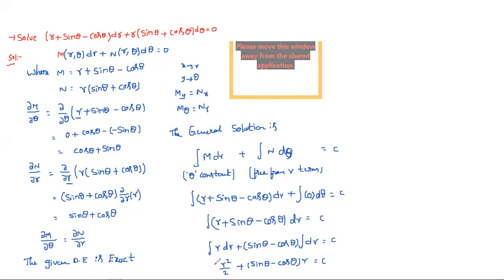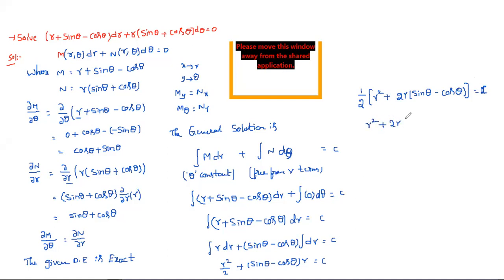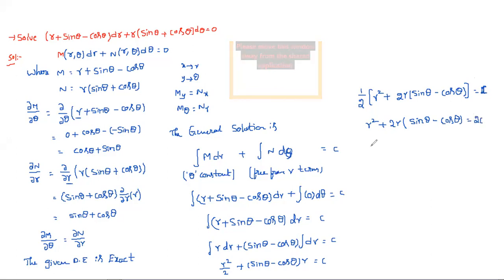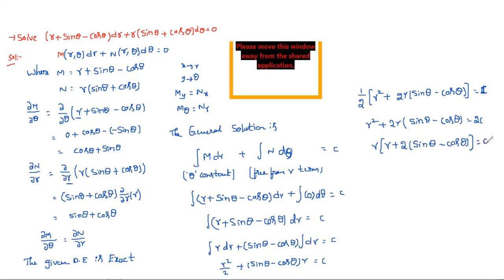Then if you take the LCM, 2 is the LCM, and what remains is r square plus 2r into sine theta minus cos theta is equal to 2c. Taking the 1 by 2 to the right-hand side, it changes to r square plus 2r into sine theta minus cos theta is equal to c1, where c1 is nothing but 2c, obviously also a constant.